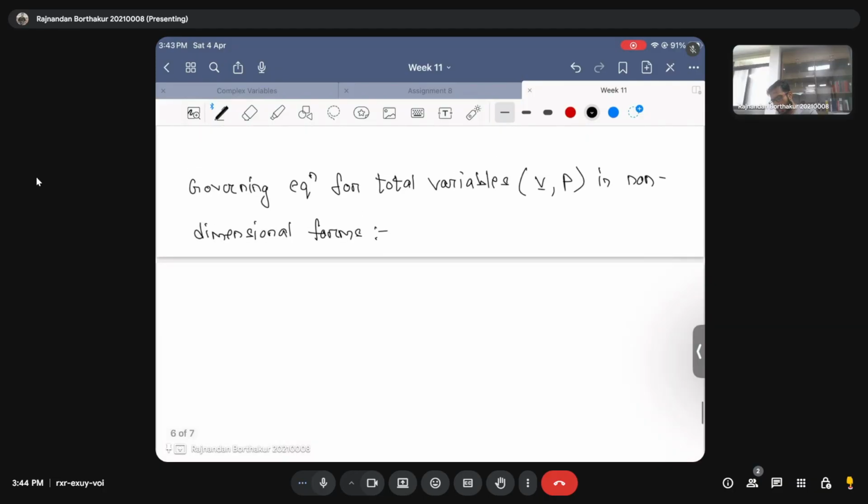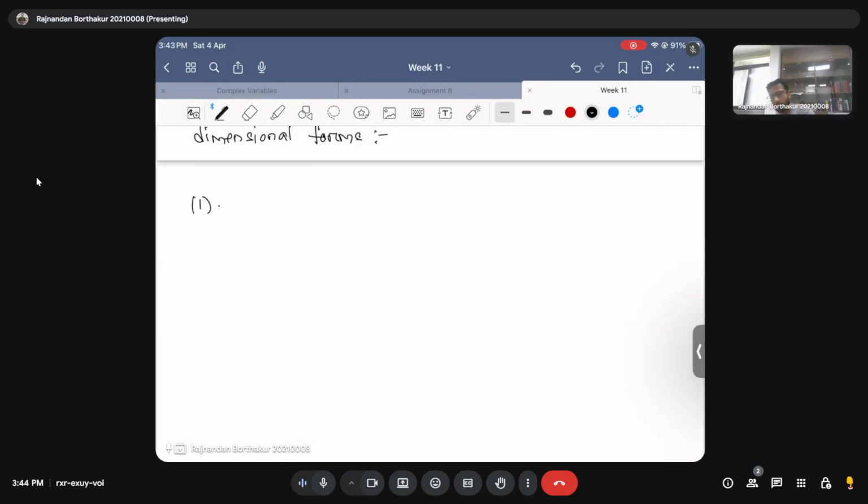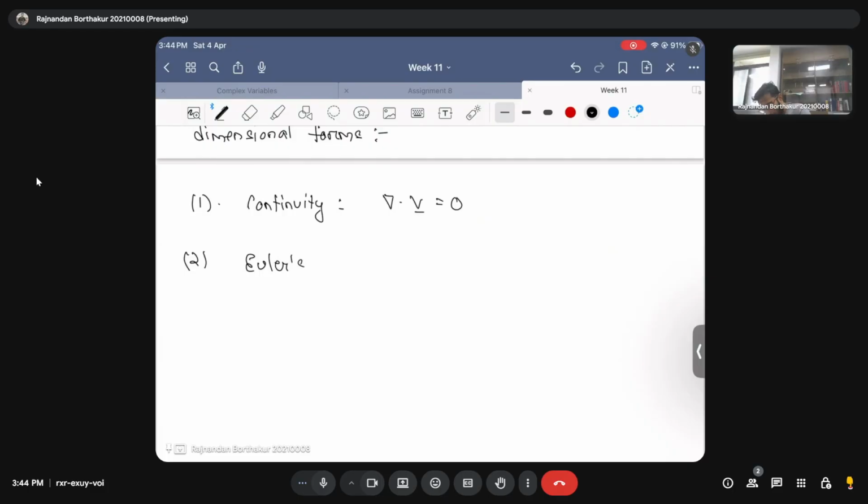Okay. For example, you can simply show that I will not do the intermediate steps because this is something that we have done repeatedly. So for instance, the continuity equation just boils down to the fact that divergence of the total velocity field is equal to 0, and the Euler's equation just turns out to be del V by del T plus V dot grad V equal to minus gradient of P. Okay.